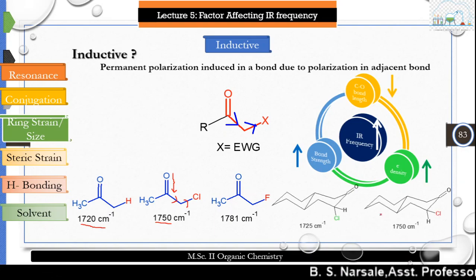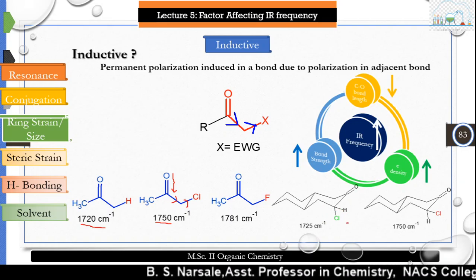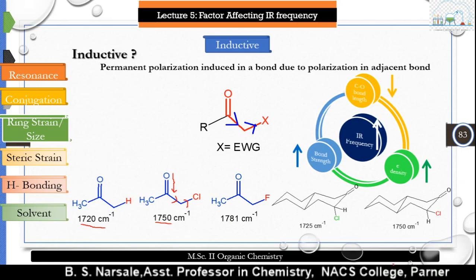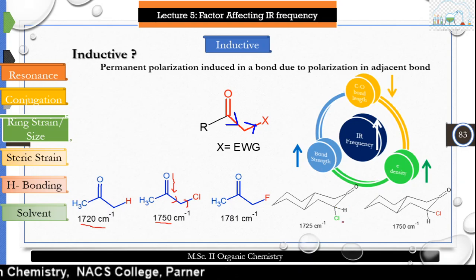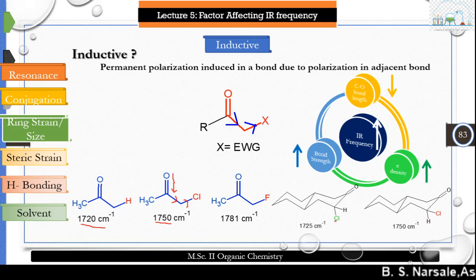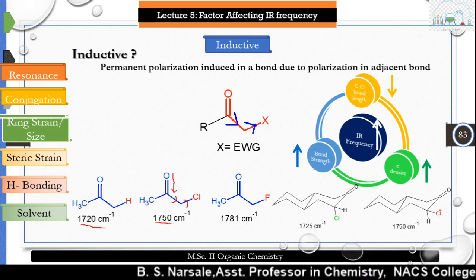Then another example, if you look, is called the alkyl halide effect. The alpha halo ketone compounds have halogen at the equatorial position and axial position. What happens when the chlorine is present at the equatorial position?